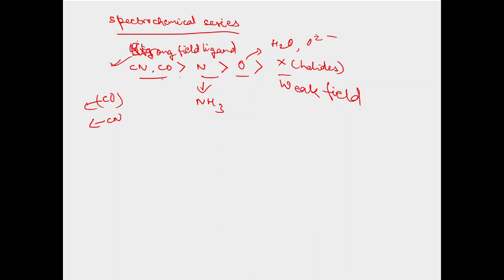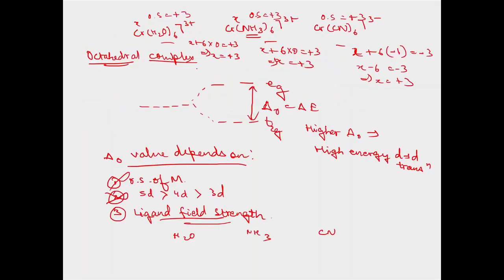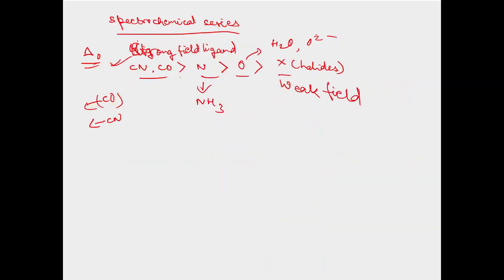So that's why what will happen is, if we are having a strong field ligand, then we know that the delta O value increases, right? So if we compare the complexes given here, in one it is water, other it is ammonia and the other is cyanide. The order is cyanide, then ammonia, and then water, because in water oxygen is the donor atom.